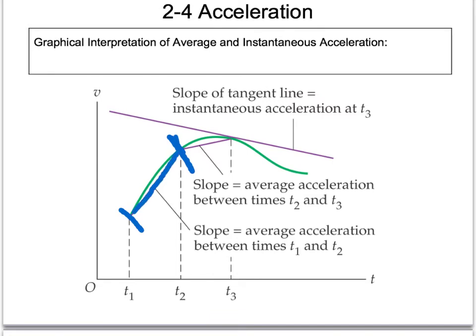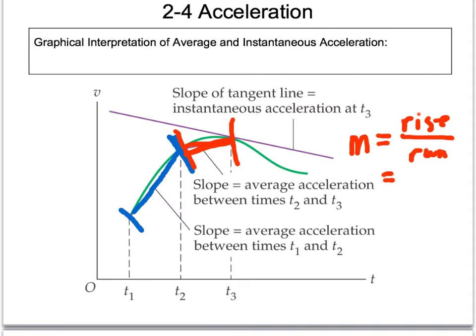If we wanted to find the average acceleration from t2 to t3, we'd find the approximate slope of that segment. And remember, slope is rise over run, or delta y over delta x on the graph.